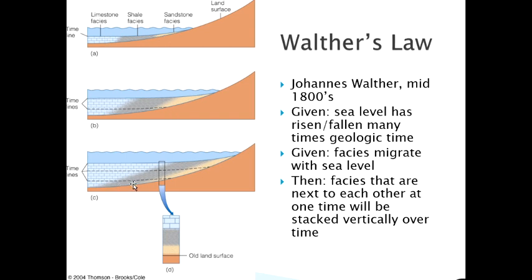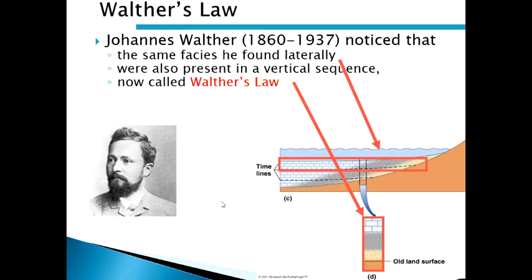But over time, they get stacked vertically. And vertical rocks are what geologists see. So the last little picture is essentially saying the same thing. The same facies you find side to side, so this arrow is laterally, we're also present vertically. We call that Walther's law.